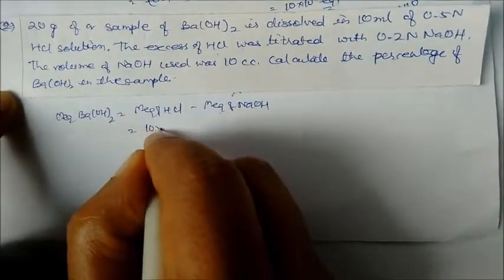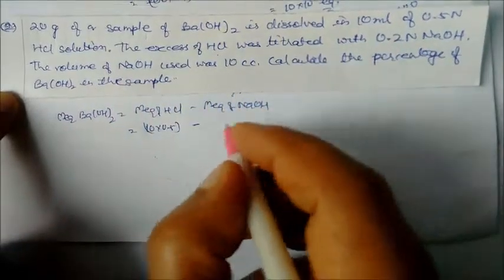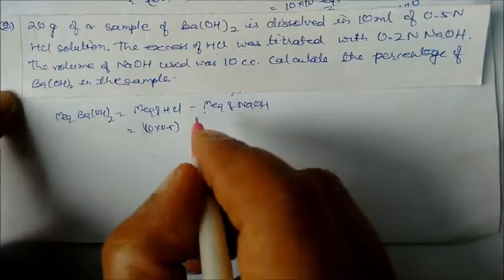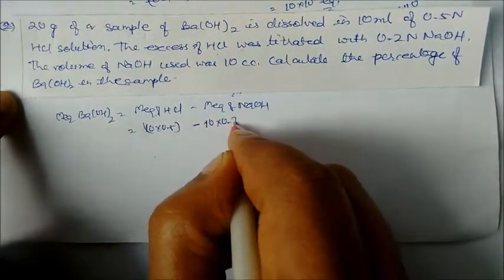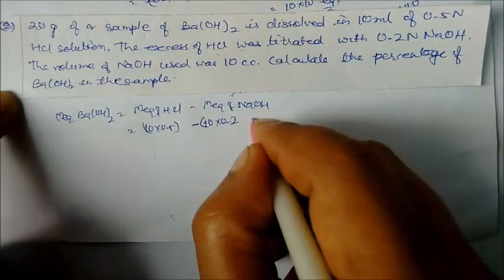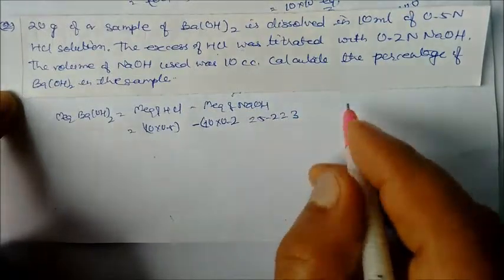And for the sodium hydroxide, 10 cc into 0.2 normal. So this will be 5 minus 2, that is 3 milliequivalent.